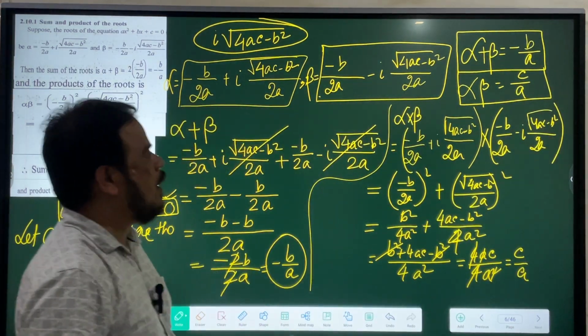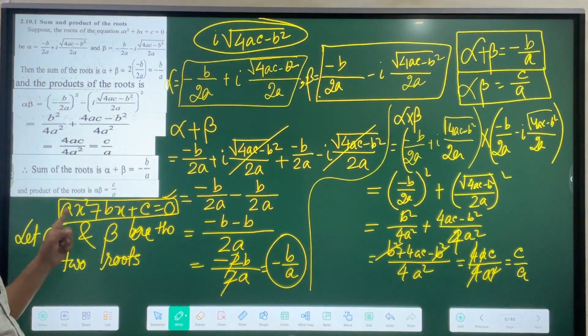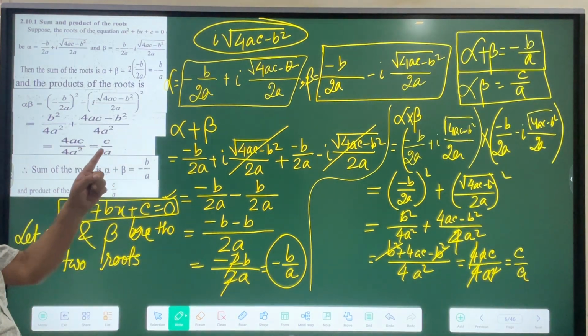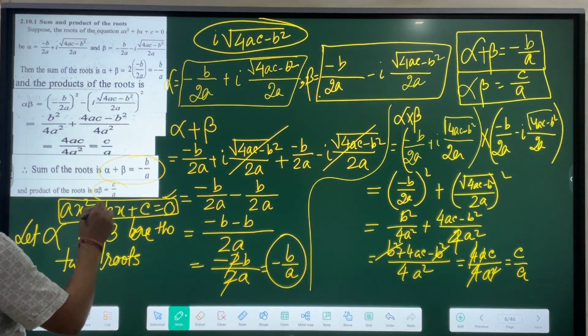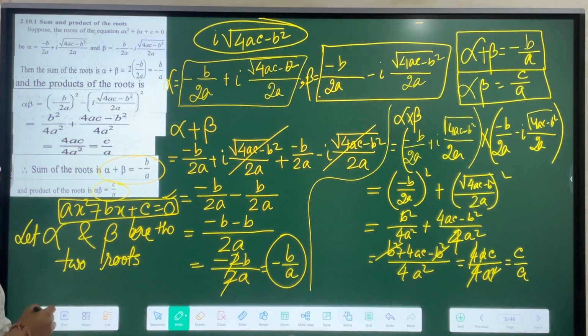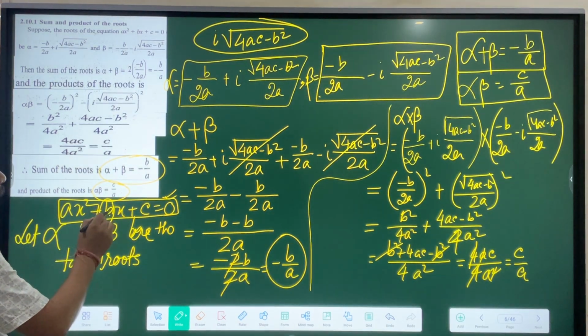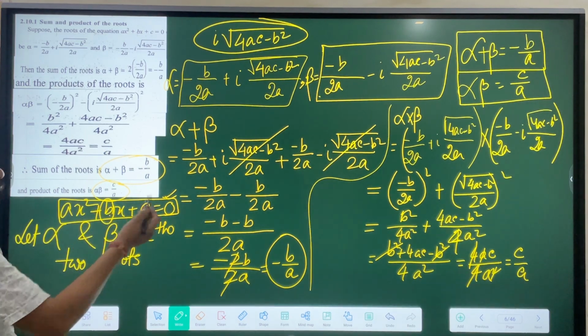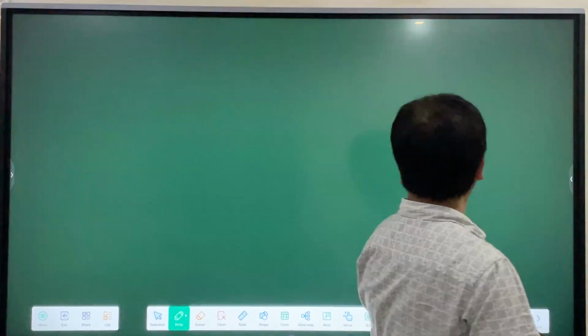c by a means c is the constant term, a is the coefficient of x square. We have got two formulas: alpha plus beta equals minus b by a, and alpha beta equals c by a. This is the formula you have to learn.